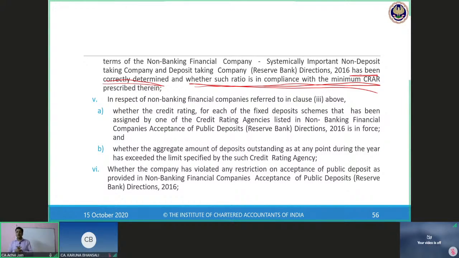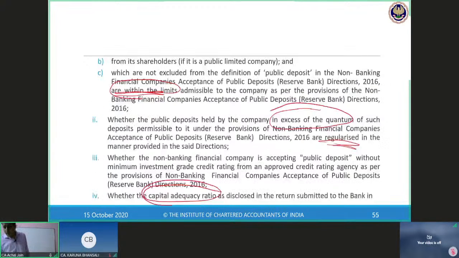In respect of NBFCs which are referred to in third above. What is this third above? This one.